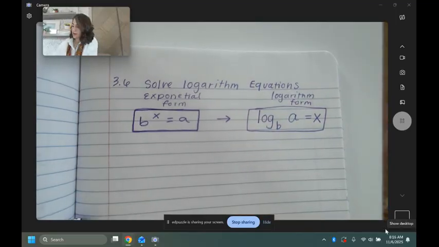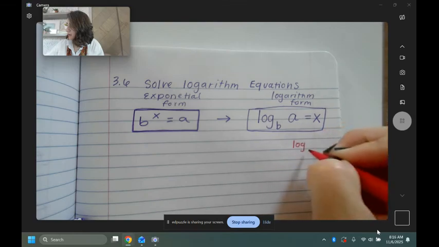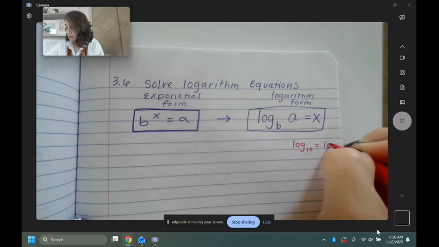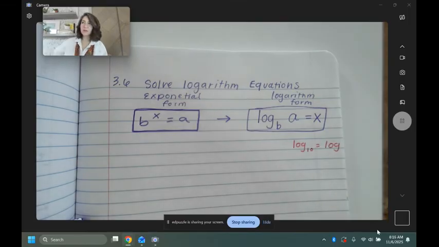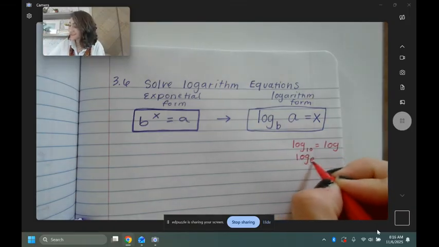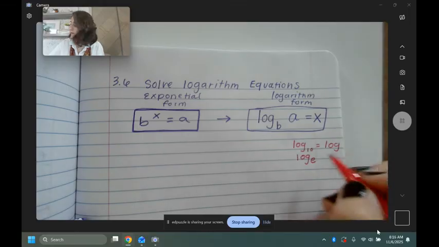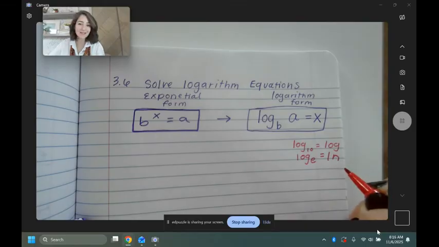Two little reminders about logarithms. If you see a log with nothing, no base written, that's 10. Similar to the square root doesn't have a 2 on it, but it's a 2. And if you see log base e, e is the natural log, ln, the natural log.